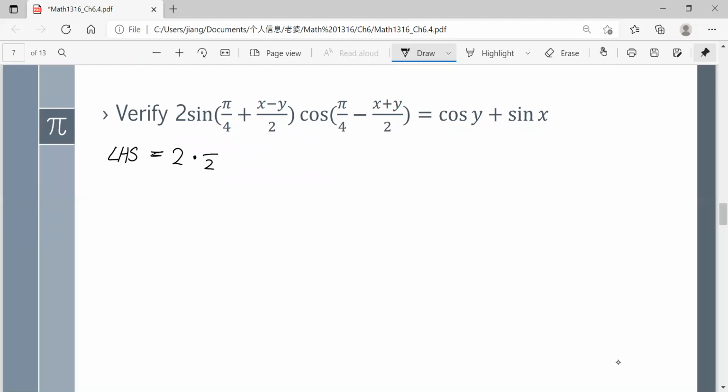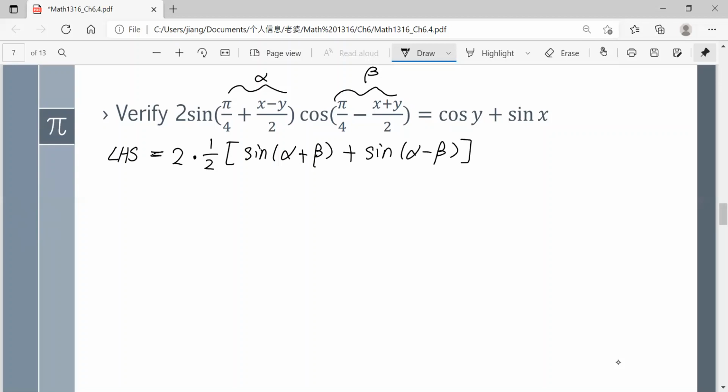So all of this stuff equals something. Assume this is alpha, this is beta. So sine alpha times cosine beta. What formula are we going to select? That's sine alpha plus beta plus sine alpha minus beta. We use this formula.